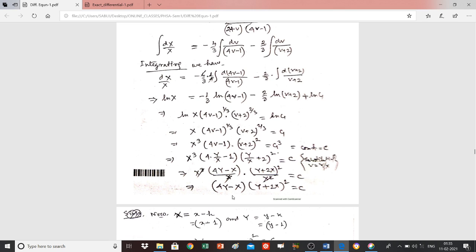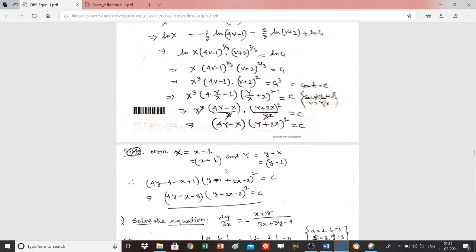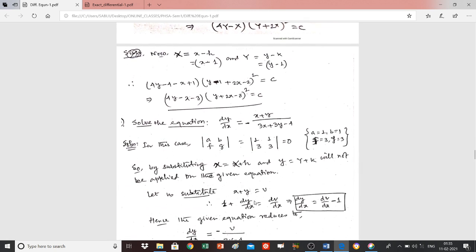So from here (4y minus x) into (2x plus y) whole square is equal to c. Now just substitute the values of small x, that is here, capital X, that is here, and capital Y, that is here. Just substitute in this equation, and you finally obtain (4y minus x minus 3) into (y plus 2x minus 3) whole square is equal to c. So this is the final solution.